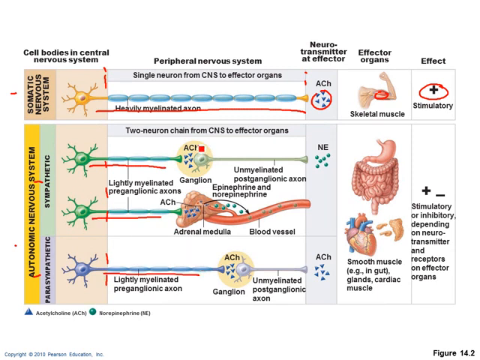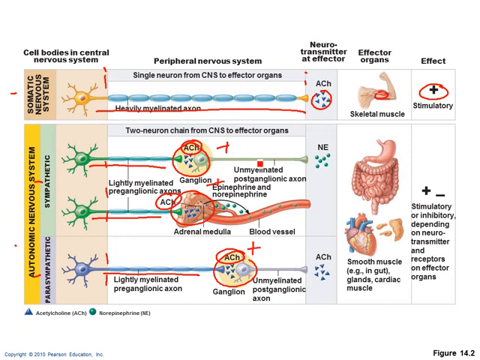There's then a synapse on either another neuron or a gland, endocrine gland, or a neuron. And this is always acetylcholine. That first synapse is always acetylcholine. It causes usually a stimulatory effect.